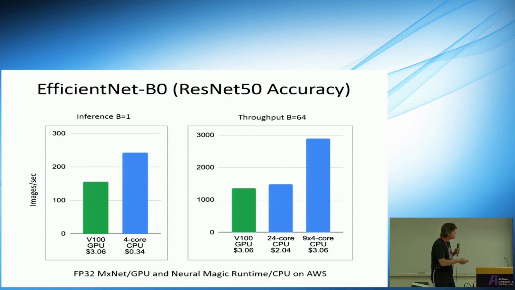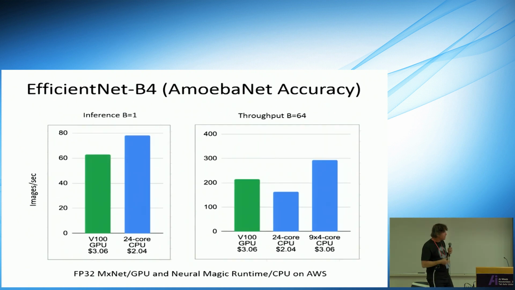If you think of EfficientNet, which is a much larger network, the accuracy is the same as AmoebaNet, okay? You can deliver Volta performance on a 24-core CPU in real time, and you can deliver better performance with 9 4-core instances and comparable performance with a 24-core. And this will get better. All I want to show you is we're ballparking these devices with so much compute.